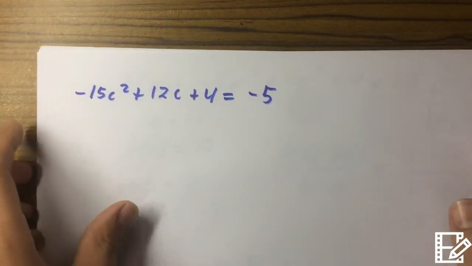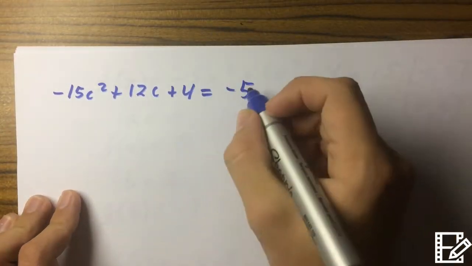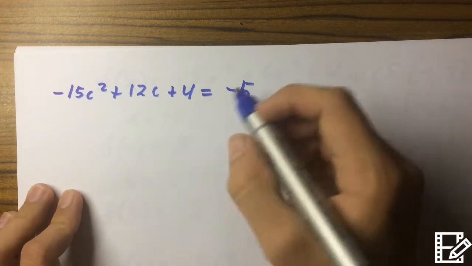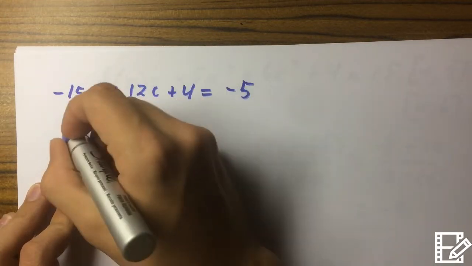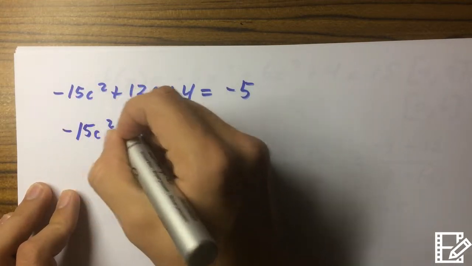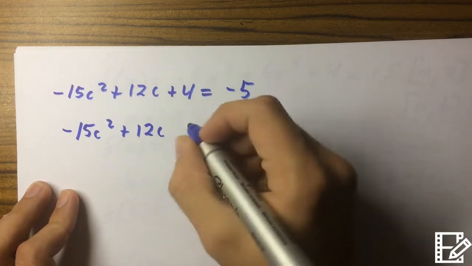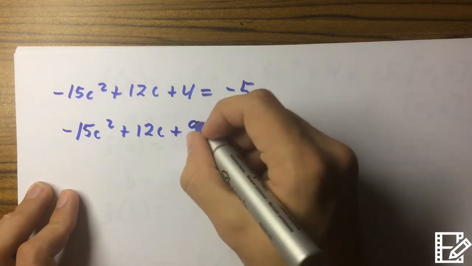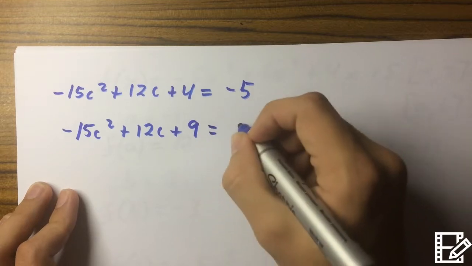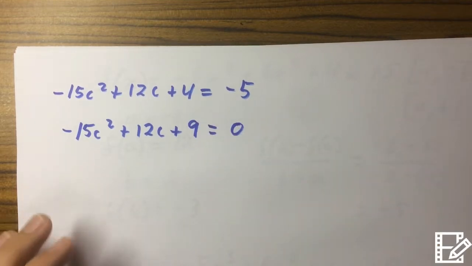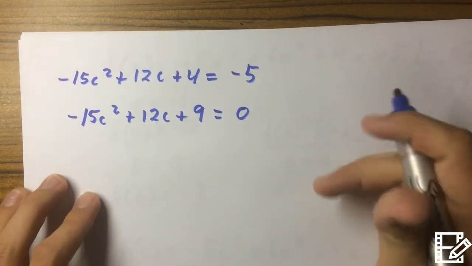Okay, so what can we do with this? Well, we've got negative 5 here and a positive 4 here. So if we add 5 to both sides, we end up with negative 15c squared plus 12c, which doesn't change, plus 9, and this side has 0. And that's what we want, because now we can use the quadratic formula to solve.